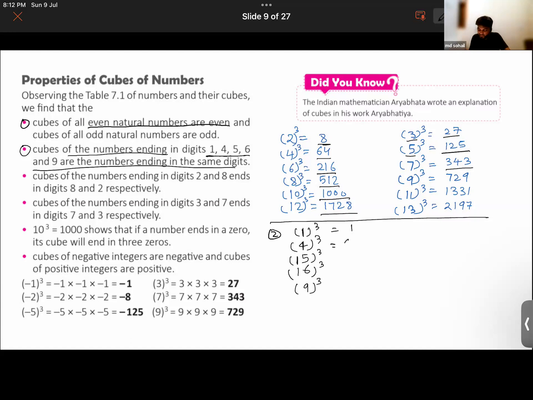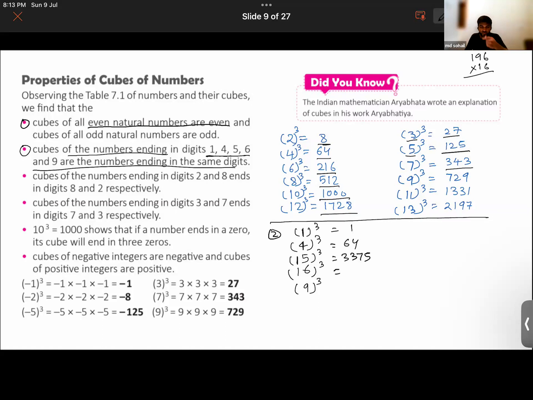It is 64, then it is 3375. And what about the cube of 16? Let's quickly find it out: 196 multiplied by 16.